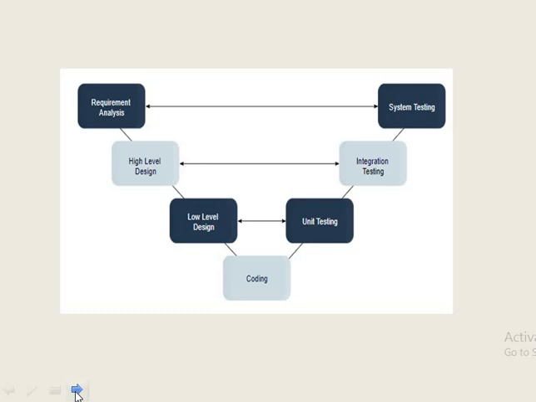And after coding phase, the testing phase comes, and each of the testing is performed along with the different phases of software development. You can see unit testing, integration testing and system testing is performed in parallel to the phases that have been started from beginning to the coding phase.